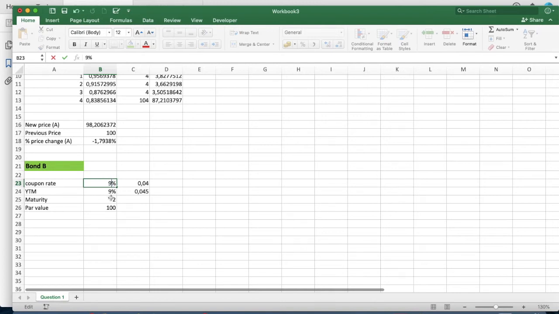Now the new yield to maturity has become equal to 9%. Maturity is 5 years, which can be converted to 10 periods, and par value equal to $100.